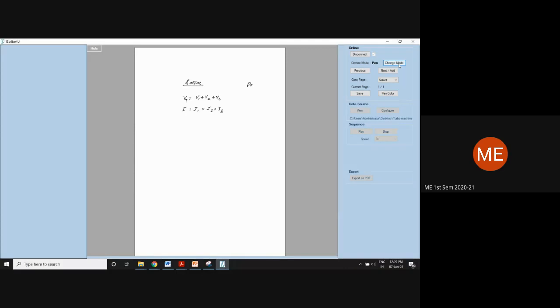But in a parallel arrangement, the total voltage will be V1 equals V2 equals V3 and so on, but the current will be I1 plus I2 plus I3, the addition of the current produced by each cell. Because of this concept, depending upon the application, where exactly we require a voltage combination or a current combination, they are going to use it.